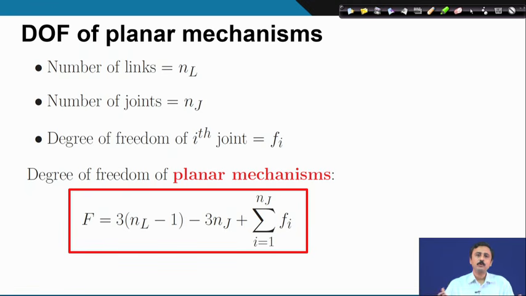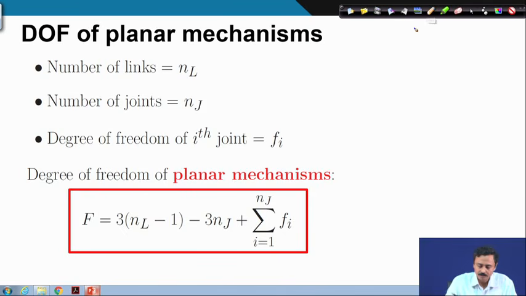Now, what happens when we go to spatial kinematic chains? In space, a rigid body has 6 degrees of freedom, as you know, 3 positional degrees of freedom and 3 orientational degrees of freedom. Therefore, the calculation becomes exactly the same, except that this 3 gets replaced by 6, and similarly this 3 also gets replaced by 6.